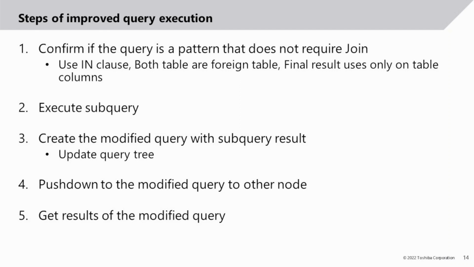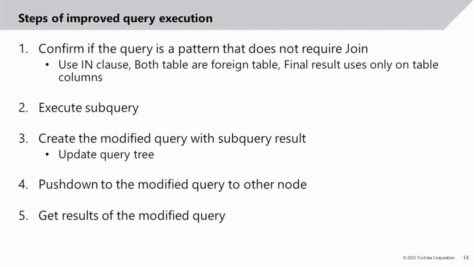This is the step overview. There are 5 steps. First step is to confirm the query. The query must be a pattern that does not require a join, meaning it uses an IN clause and both tables are foreign tables, and the final result uses only one table's columns and other conditions. Second step is to execute only the subquery.